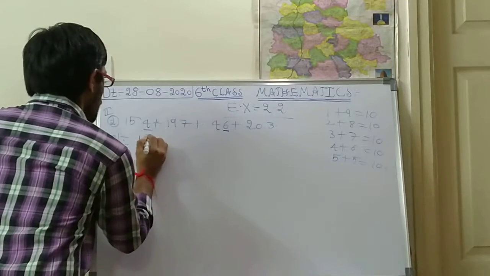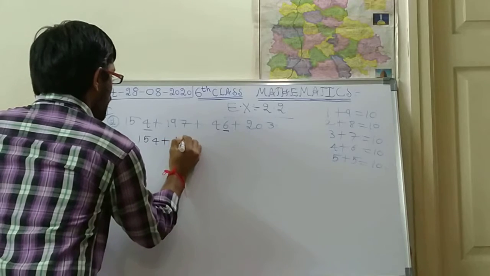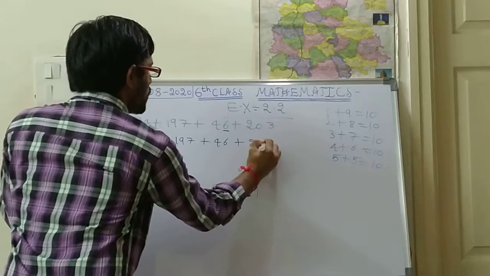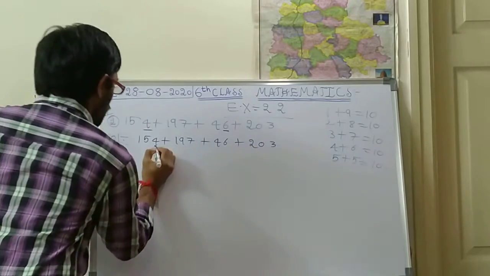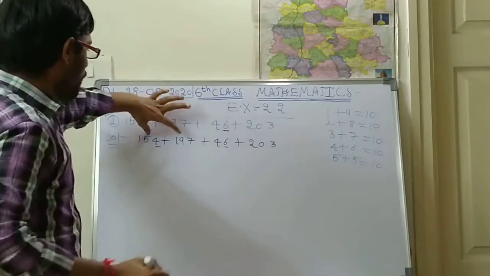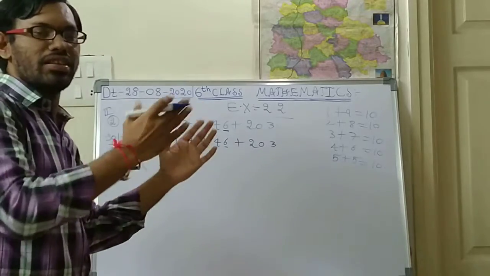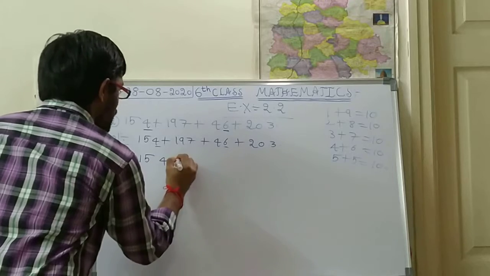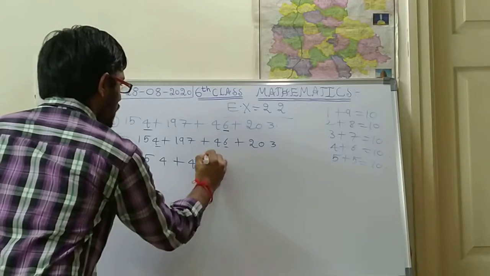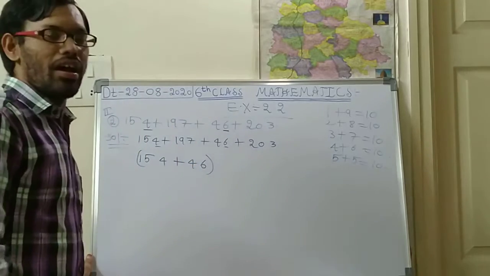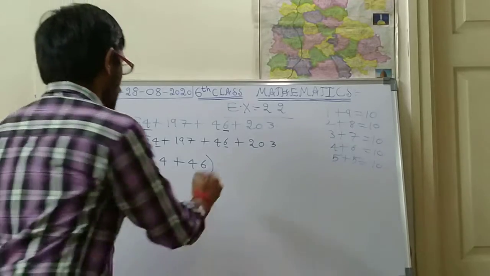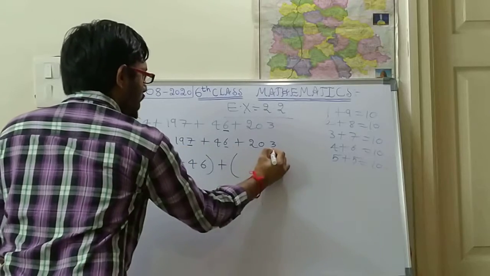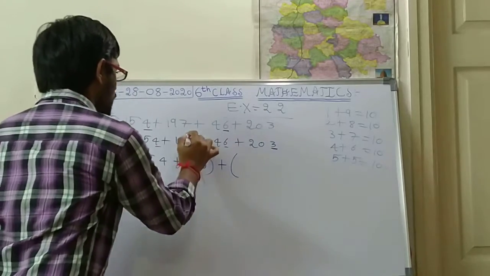First you should write the question as it is: 154 plus 197 plus 46 plus 203. So 4 and 6, if we add these two, we can get tens, hundreds or thousands. So I am writing these two at one place: 154 plus 46. This I have made one set. Next, plus, again a bracket. Here 7 is there and here 3 is there. So here 7 is there.